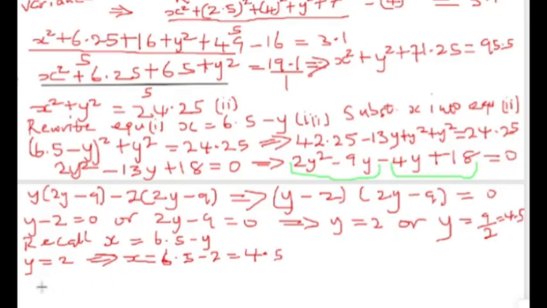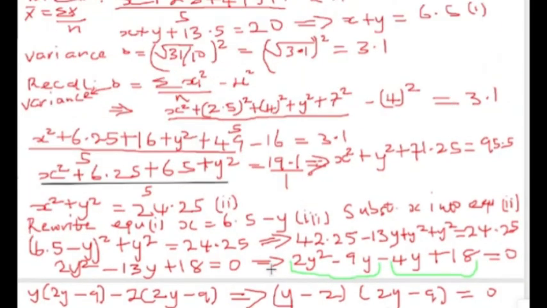Okay, now also when y is equals to 4.5, this implies that x is equals to 6.5 minus 4.5, which gives us 2.